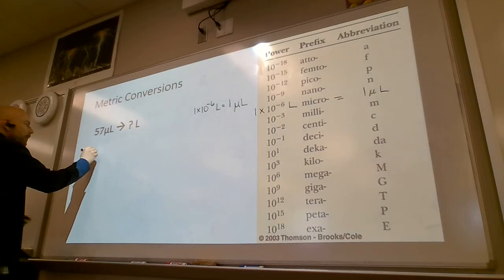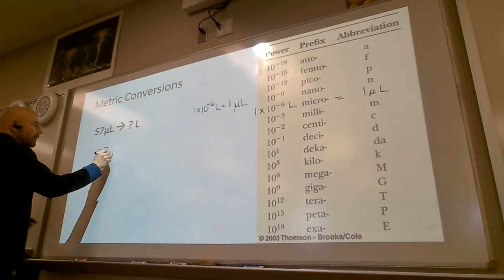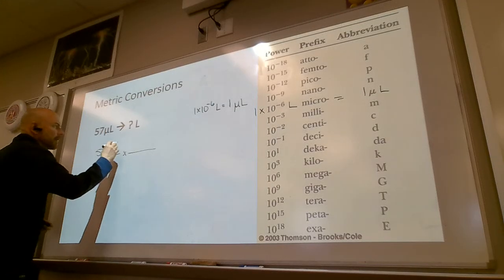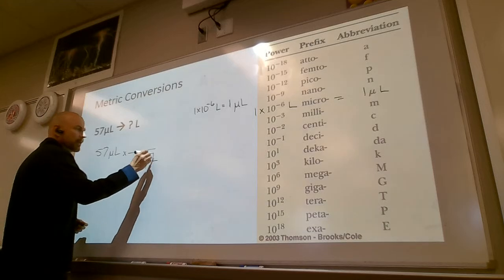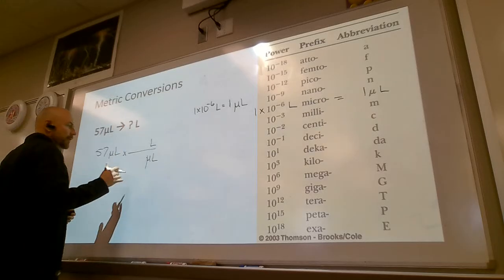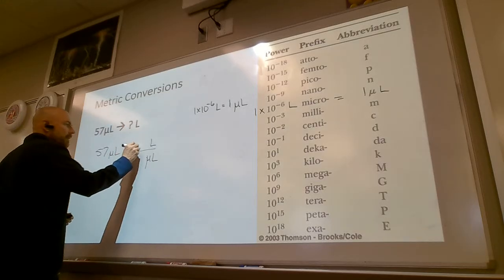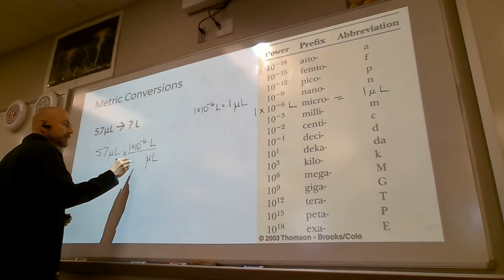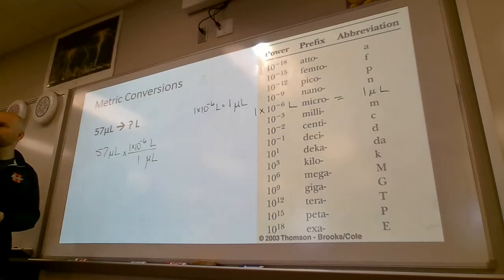Okay, so you go 57 microliters times, put microliters on the bottom, liters on top, just like we always do. Then we apply this conversion correctly: 1 times 10 to the negative 6 liters per 1 microliter.